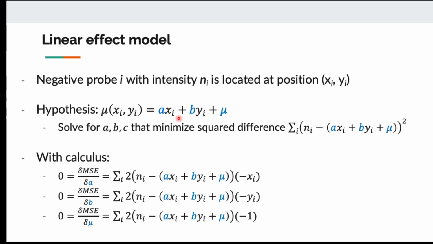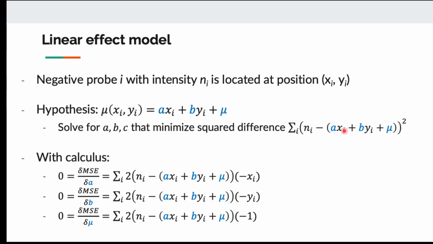We have some expectation, but ni is our observation. So we want to make sure that our expectation and our observation match as much as possible. So we subtract them, and we take the square, and we sum them. If this term is small, that means the data and our expectation are similar. If this term is large, this means that our observation and our expectation don't match.